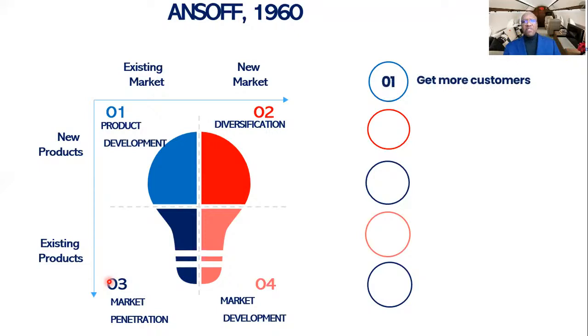That's a very broad strategy, and you will realize that to get more customers, essentially using the matrix that we put here, you can get more clients from either of these 4 strategies: product development, diversification, market penetration, or market development. The only thing is, if you're going to want to do all this in all the strategies, it's going to be costly. So you might want to decide where you are going to be intentional in getting more clients or new clients.